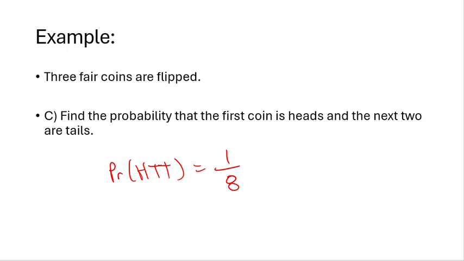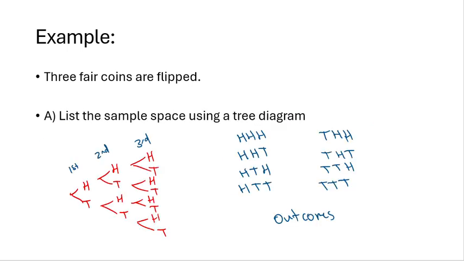Now, find the probability that the first coin is heads and the next two are tails. Let's go back to our list of outcomes. We need heads at the start and then two tails following after it. How many outcomes do I see that satisfy those conditions? It's just the one, heads and then two tails. It's this one right here, which I've marked for now.